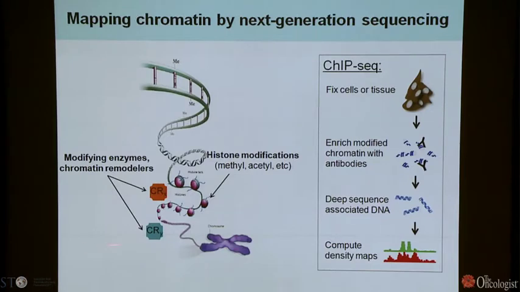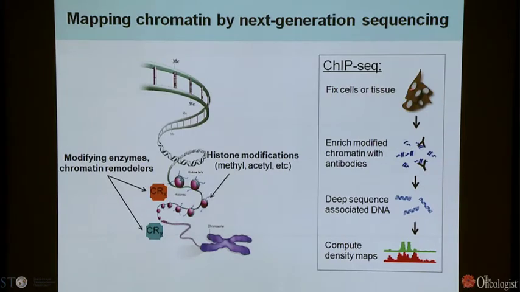There are enzymes in chromatin that either modify these tails, remodel chromatin, or bind to these tails. So we've developed technologies to achieve systematic, genome-wide views of the modifications on these histone tails across all the sequences in a human cell.